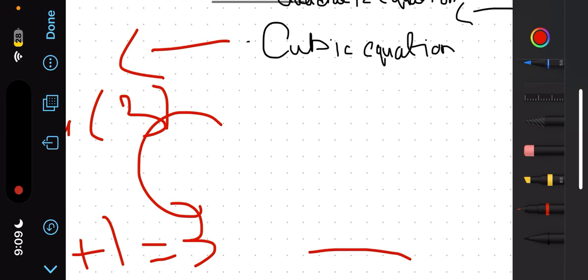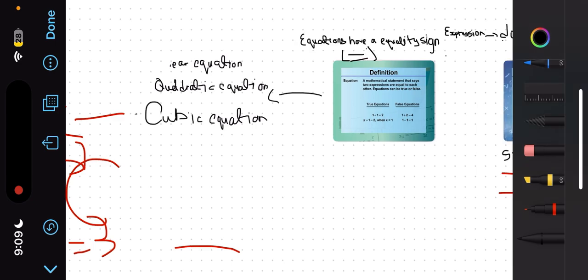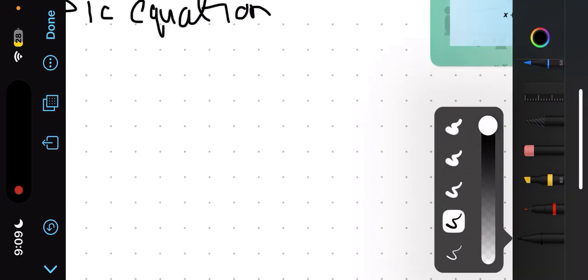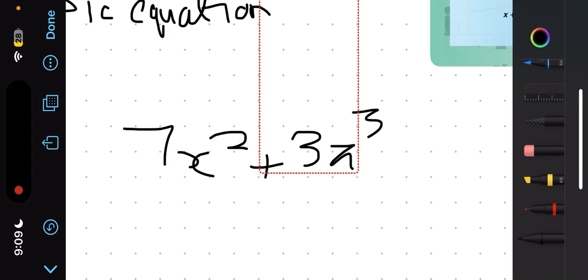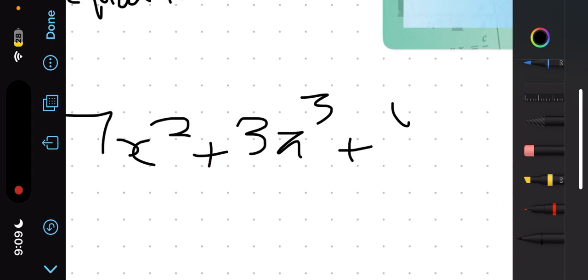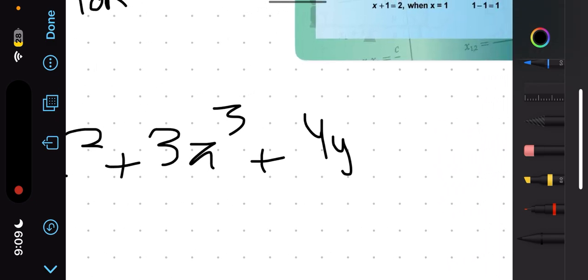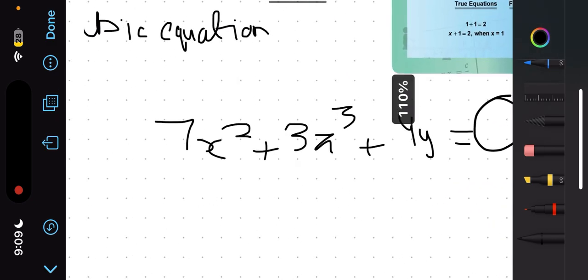Now I know you will get a lot of questions: if there are variables with different powers in one equation, what will the answer be, what type of equation will it be? I will be telling you. For example, 7x power 2 plus 3z power 3 plus 4y is equal to 0.